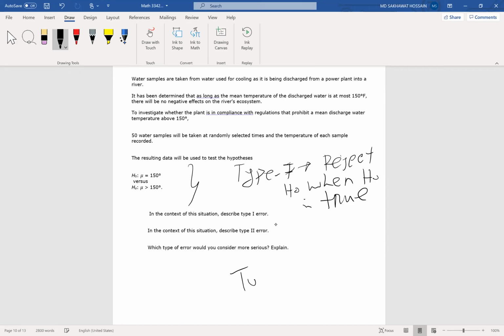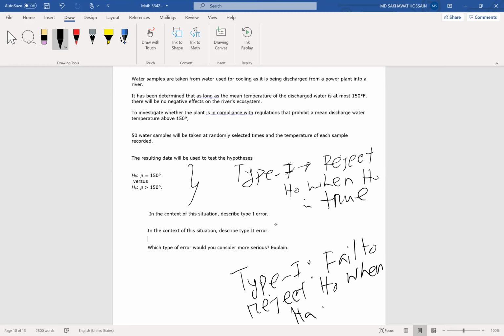And type 2 is fail to reject null when we have evidence that the alternative is true.